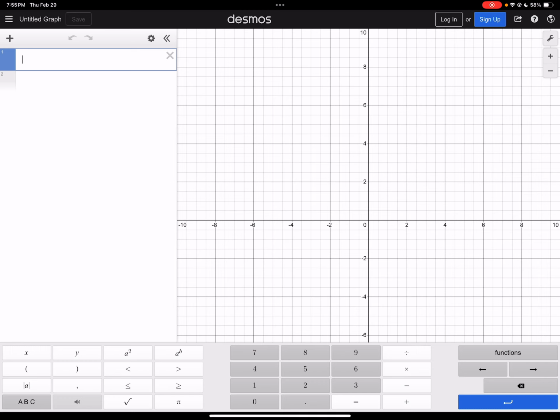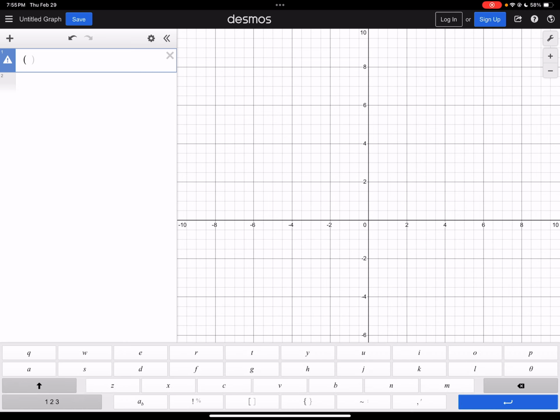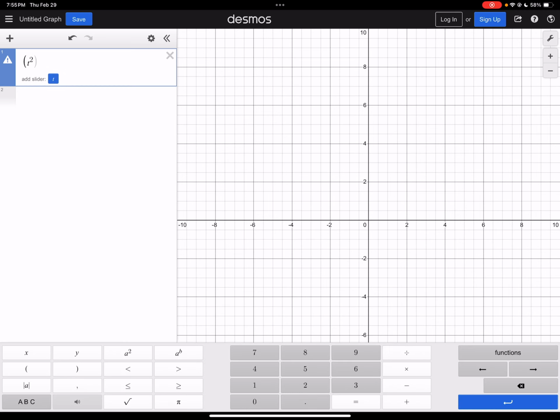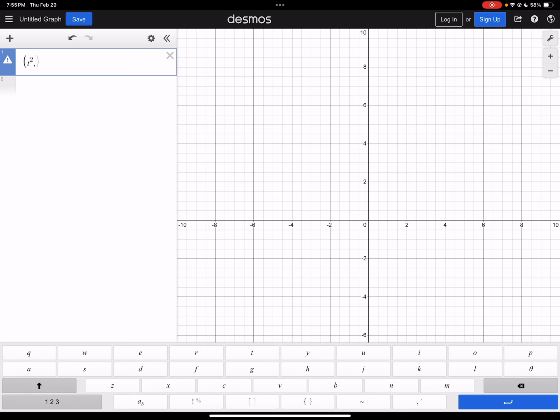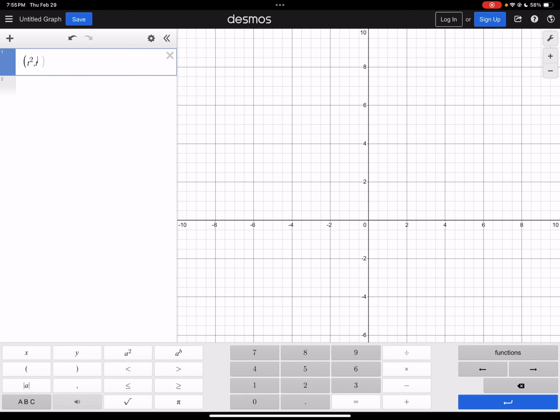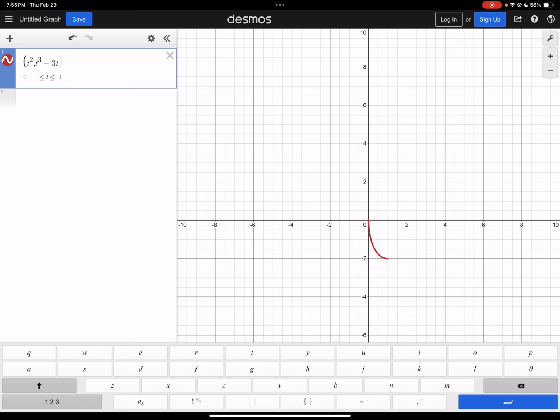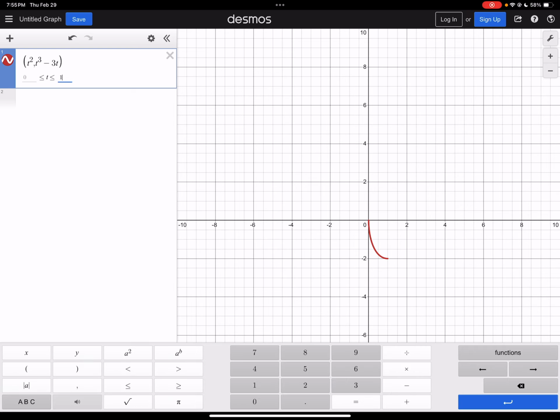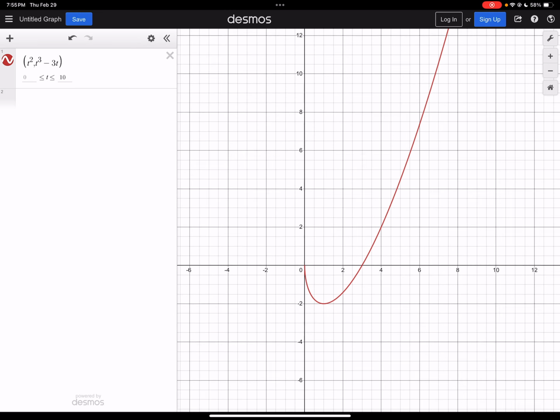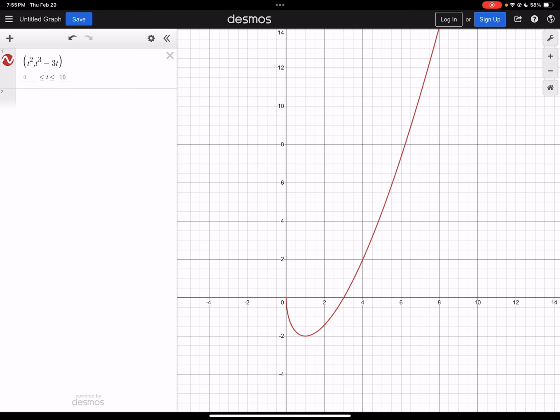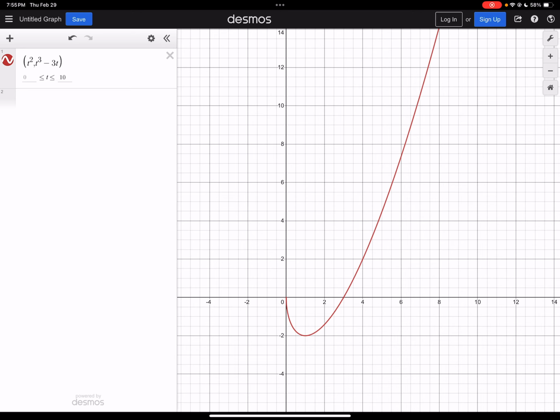And I'm going to do, let's see, t squared, comma, t to the third power, minus 3t. And let's go from 0 to, let's say, 10, so that you can see what's happening here. Okay, so this is my parametric equation from 0 to 10.